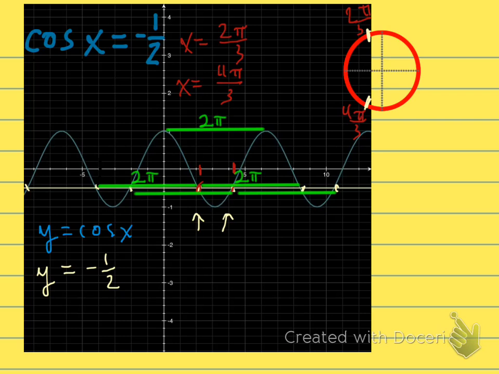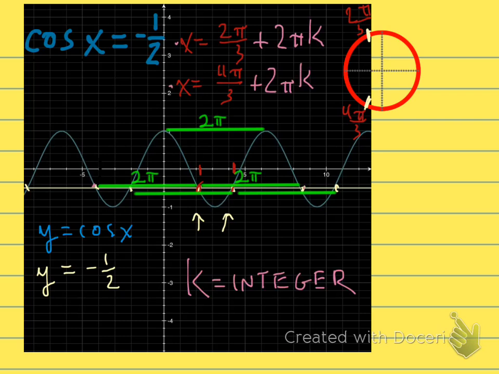Well, that's pretty cool, because what that means is then all I have to do is use multiples of 2 pi. So 2 pi times 1, 2 pi times 2, any multiple of 2 pi will give me another solution if I add it to my original 2 pi thirds and 4 pi thirds. So the way that turns out for us, in expressing the solution, is to just say 2 pi thirds plus 2 pi k, and 4 pi thirds plus 2 pi k, where it is assumed that k is an integer.